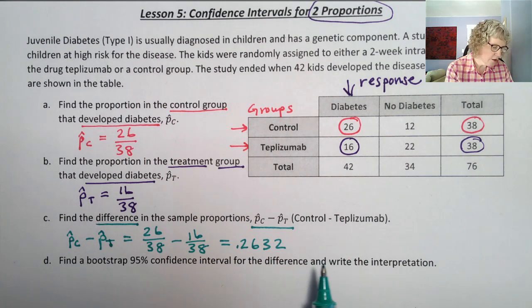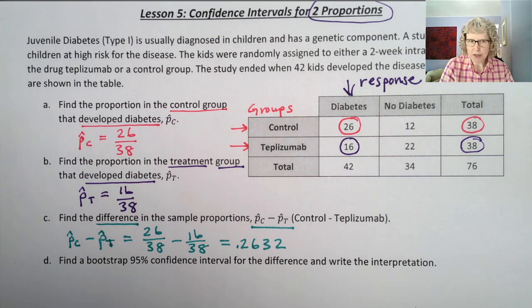It's good to have practice with both. So I just want to make a note, since this difference is positive, that means the first proportion is bigger, right? The thing with two proportions is we need to figure out which one is larger and by how much.